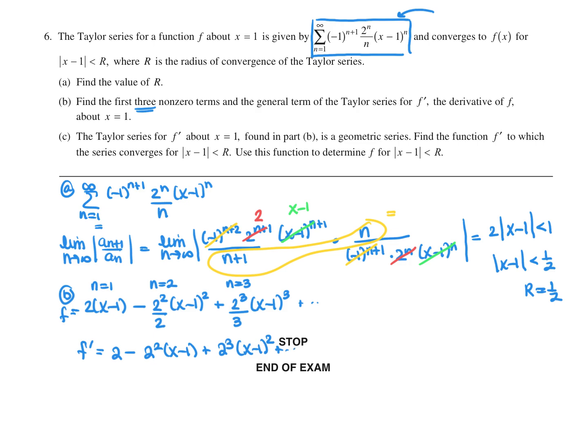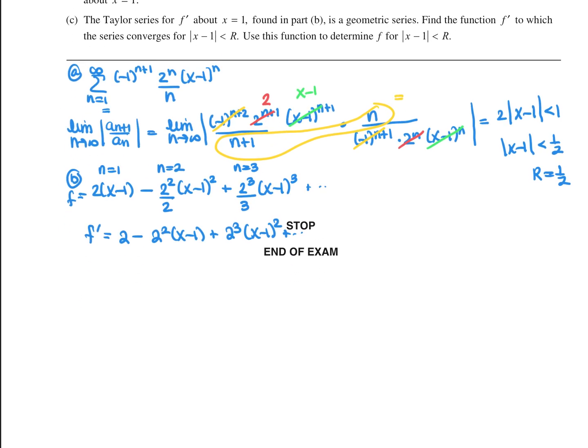Part C, the Taylor series for f prime about x equals 1 found in part B is a geometric series. Find the function f prime to which the series converges and use this to find f. Well, they gave us a huge hint telling us that this was geometric.